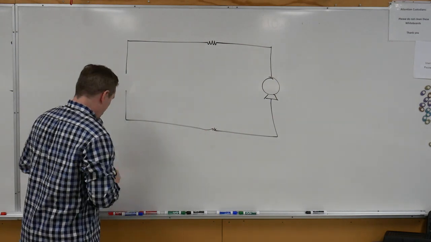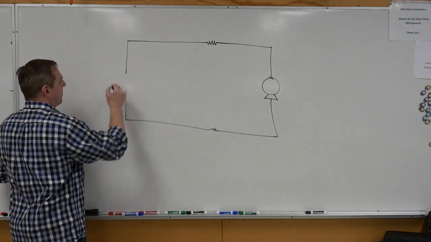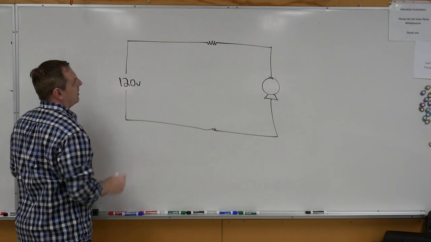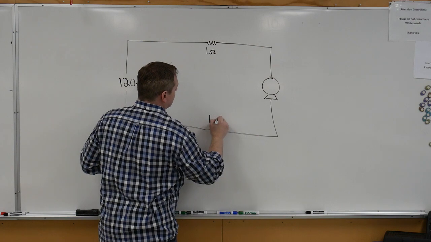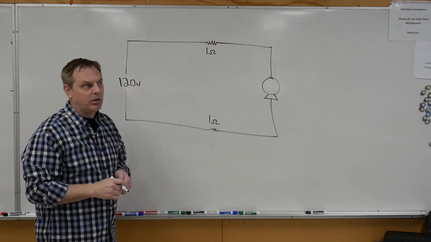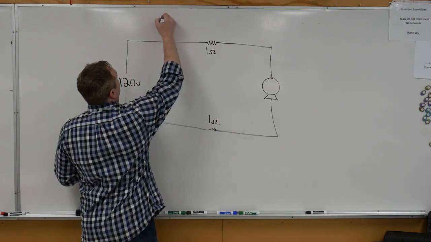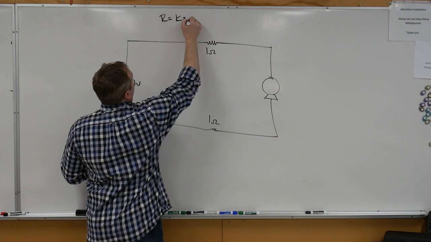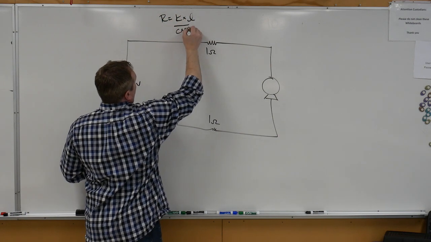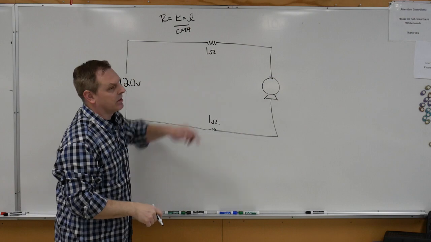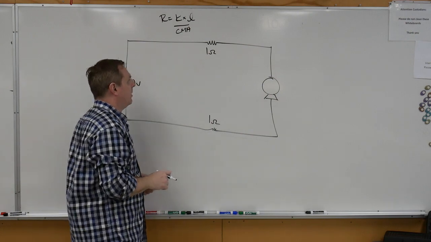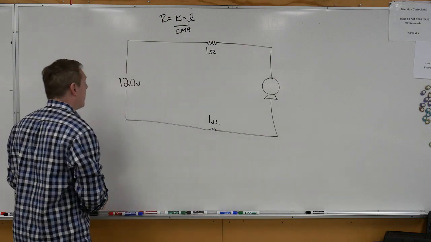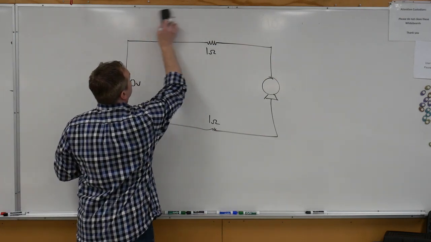I'm going to connect this load up to a 120 volt source, and I'm going to have 1 ohm of resistance on my conductors. We could utilize the formula R is equal to K times L over CMA to come up with that resistance. I've just chosen an arbitrary resistance for some easy math, so that we don't have to get our calculators out and get distracted by things.